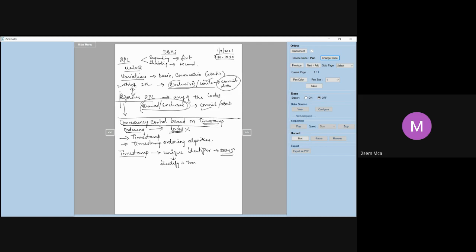I want to identify a particular transaction as to when it was done, whether it was the first transaction or the last transaction that was executed. How do I keep track of these transactions? How do I identify them? Every transaction is given a unique identifier, a unique ID. That unique ID of every transaction is what you call a timestamp.